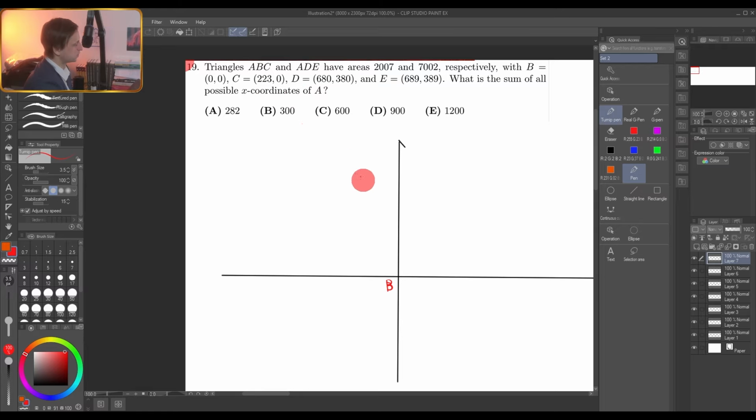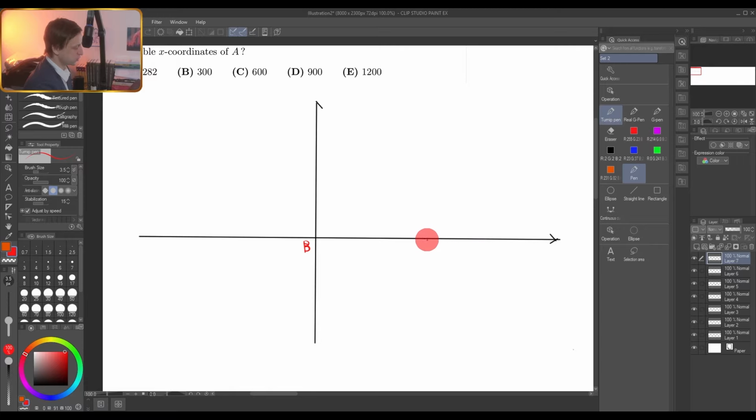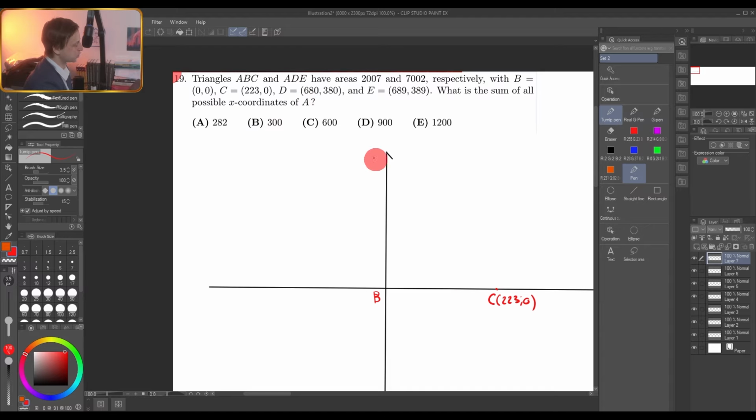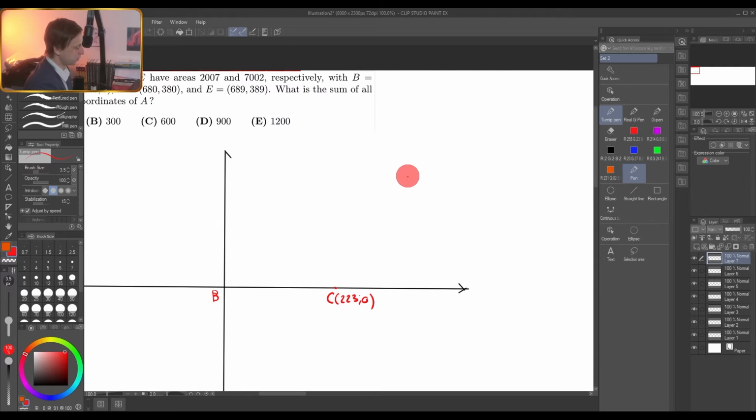Next, C is on the x-axis, it has coordinates 2003 and 0, so C is somewhere here. Next, you have D, which has coordinates 680, 380, so D is somewhere here, and eventually E, which is 689, 389.